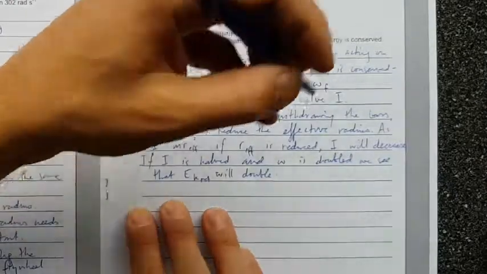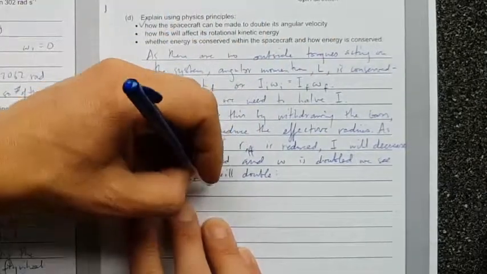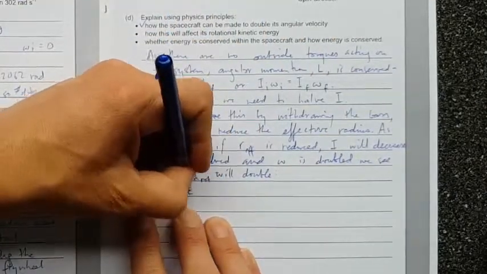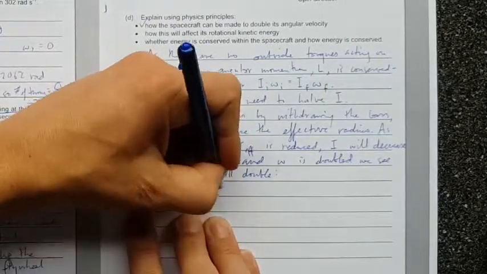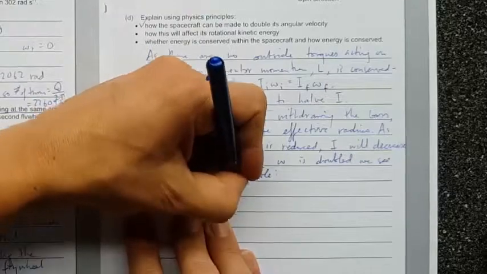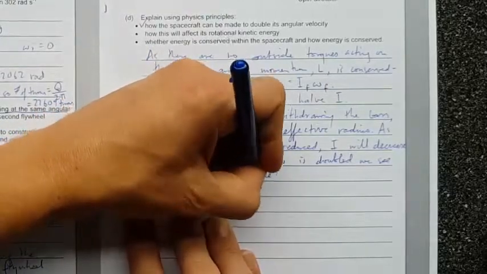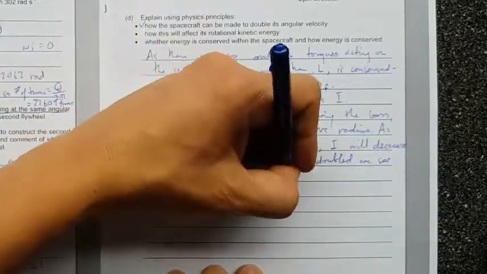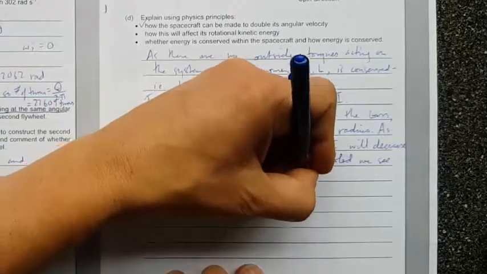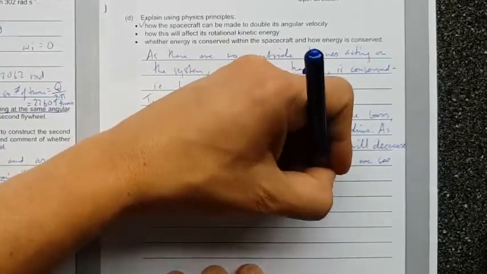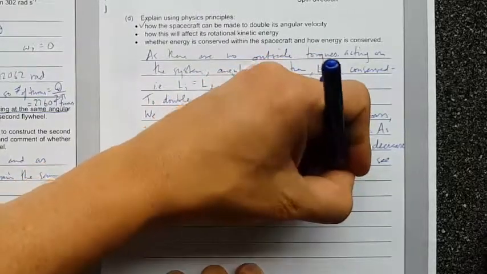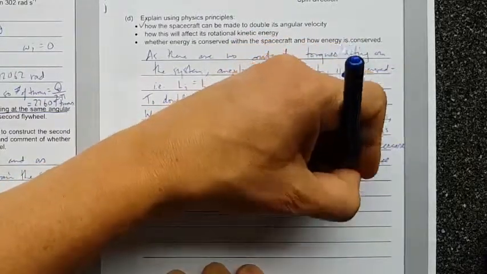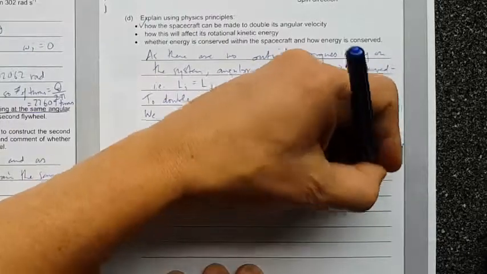And we see that by going, so if we have EK initial equals half I initial omega initial squared, and EK final is equal to half times half I initial times 2 omega initial squared.